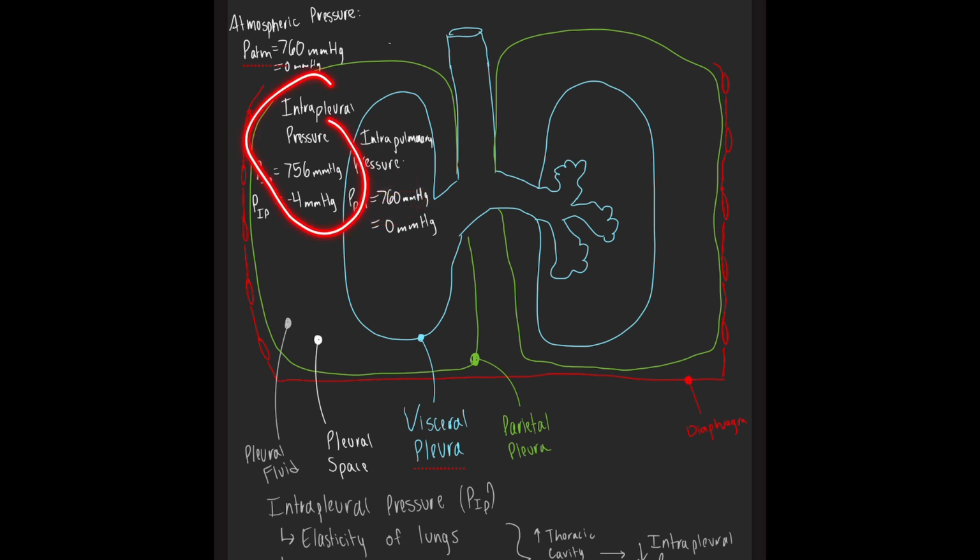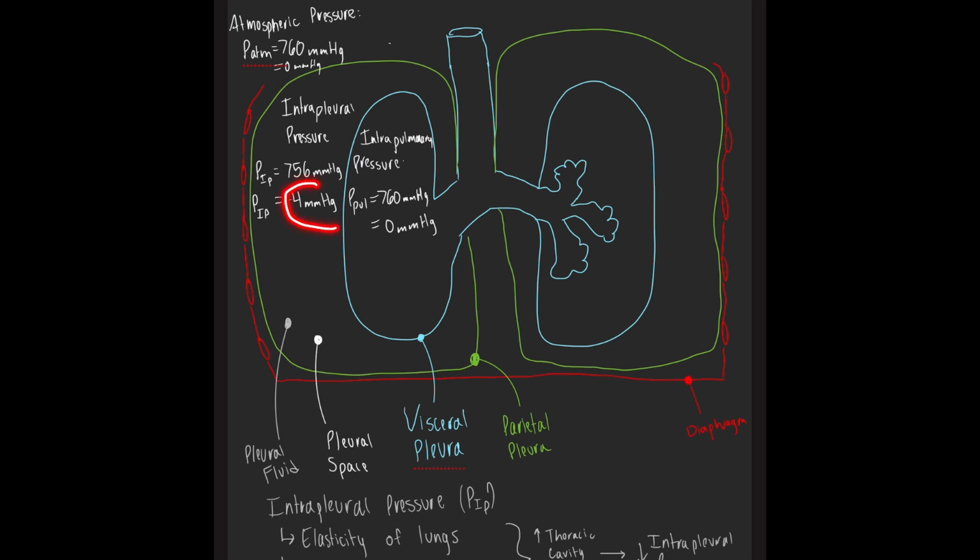Our intrapleural space is a little different. We are negative pressure breathers. That means for us to breathe in, we don't have something pushing that air in. It more so needs to get sucked in, or the space needs to be made available for us to breathe in. So we notice here in our intrapleural pressure that we are at -4. And what does that mean?